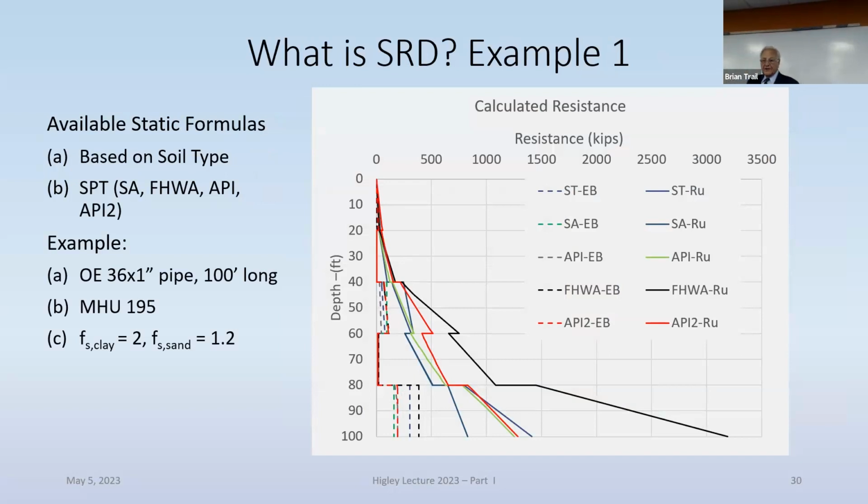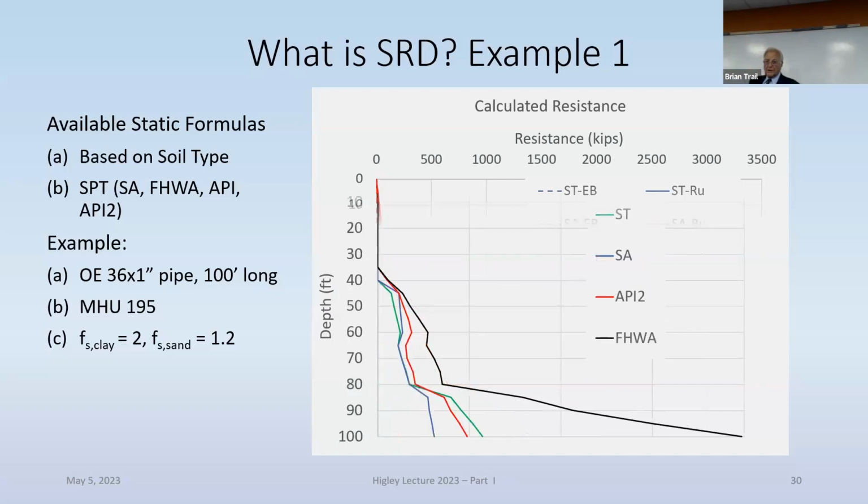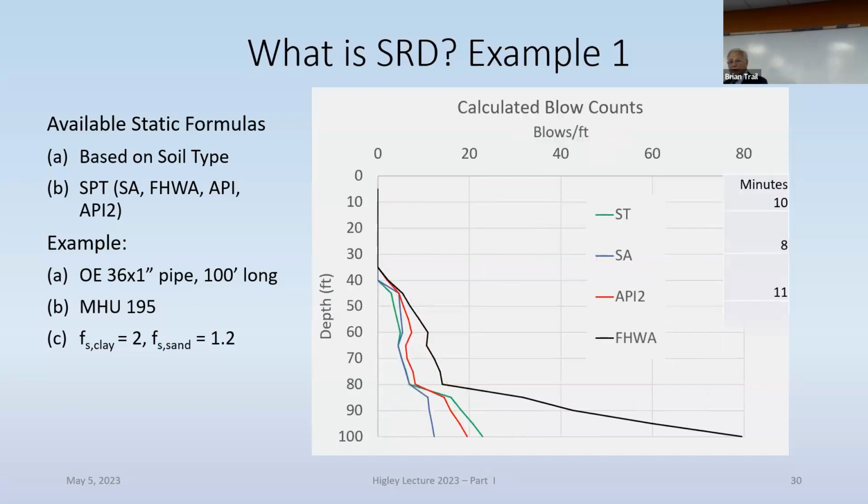And you can see, depending on what we are choosing, if we're choosing the FHWA recommendation, that's the black line going way out, and we're much higher with our SRD than we would be with some of the other formulas. Of course, it's not made for offshore, for example. And so when you calculate the blow count, then of course you're also quite different. And for example, your driving times would vary between 8 and 25 minutes.